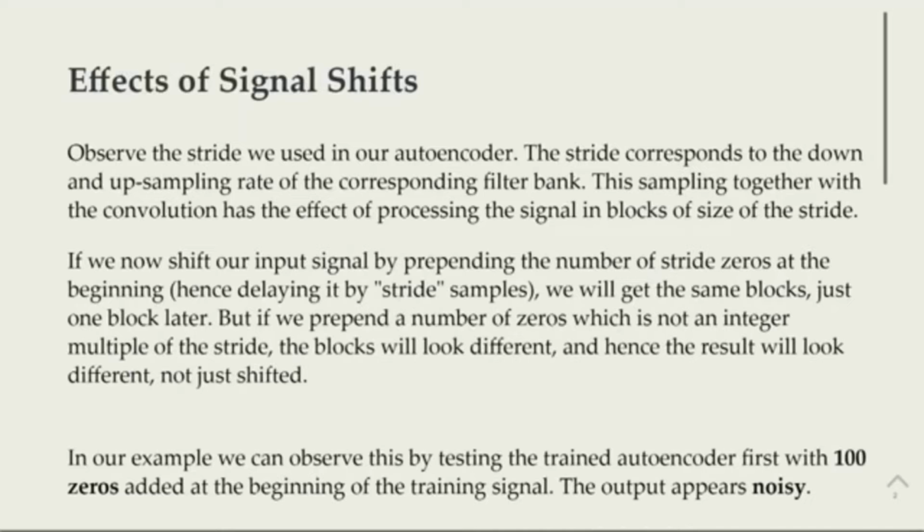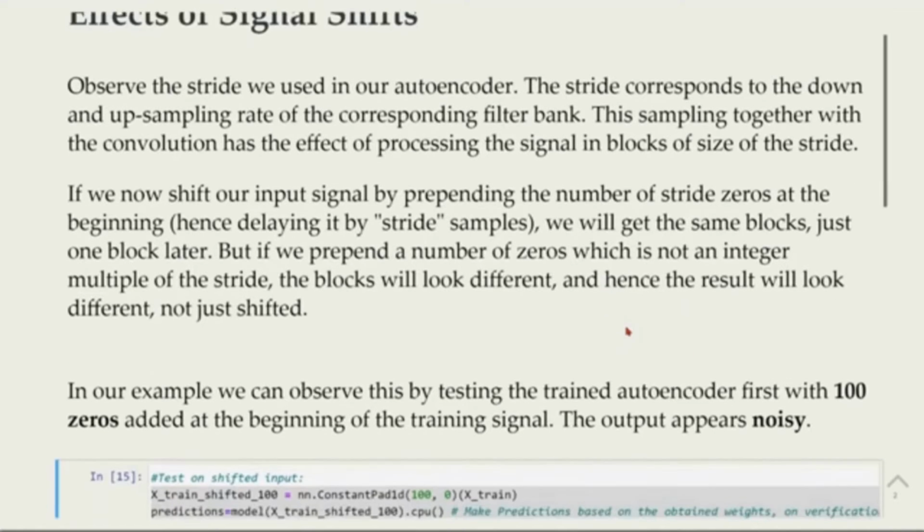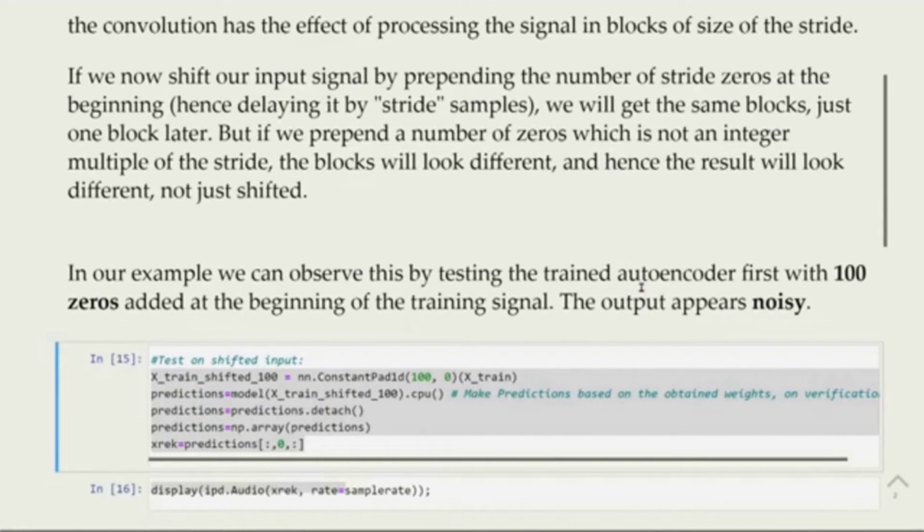On the other hand, if we prepend a number of zeros which is not an integer multiple of the stride, the blocks will look different, and hence the result will look different, not just shifted. So for this example, we are going to test the trained autoencoder first with 100 zeros added at the beginning of the training signal.